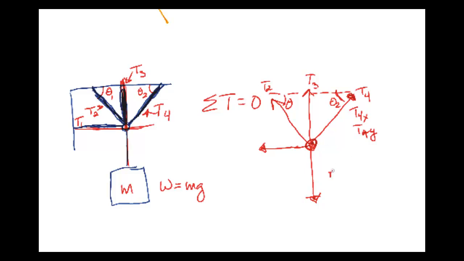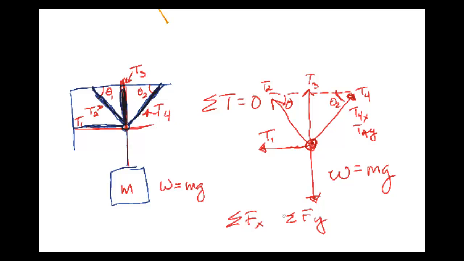So I'll put the weight first down, and then we have T1 right there. All right, so again you would do the sum of the forces in the x and the sum of the forces in the y. But that's not what this is about. We'll do an example video later on for that.